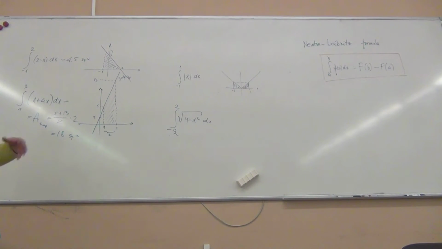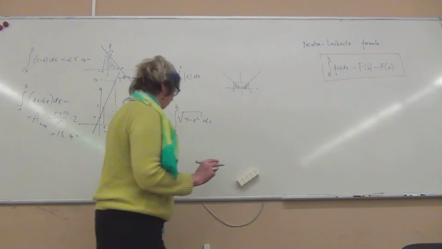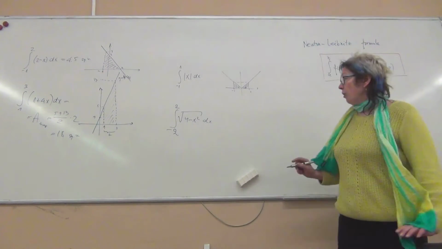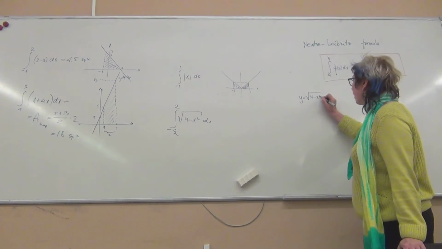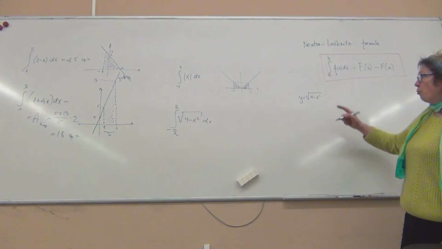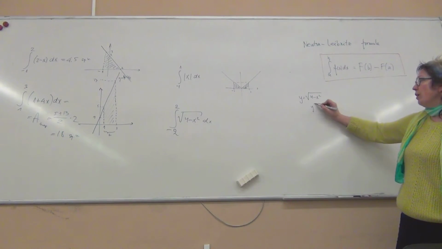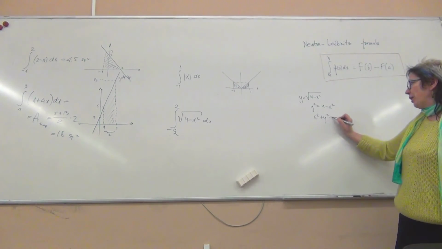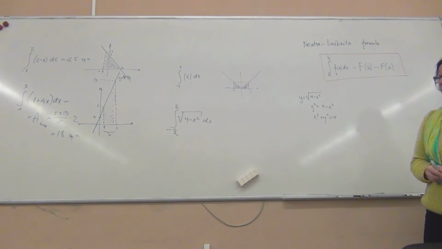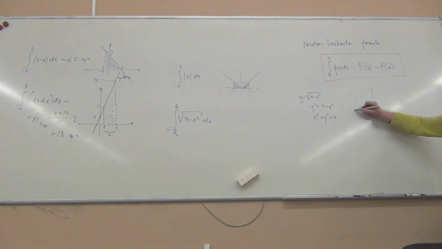But on the other hand, y equals the square root of 4 minus x squared. If we square both sides, y squared is 4 minus x squared, so x squared plus y squared is 4. Anything familiar? Circle.